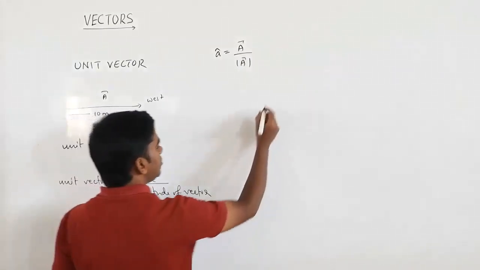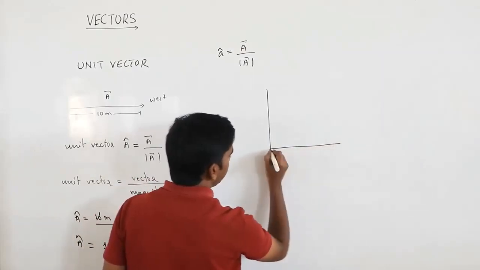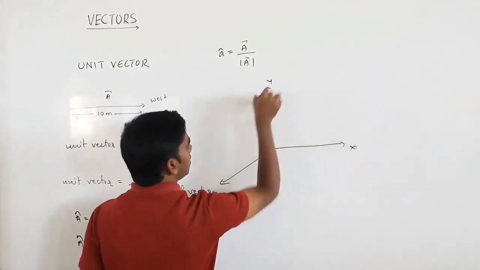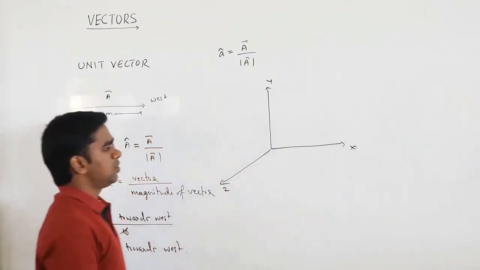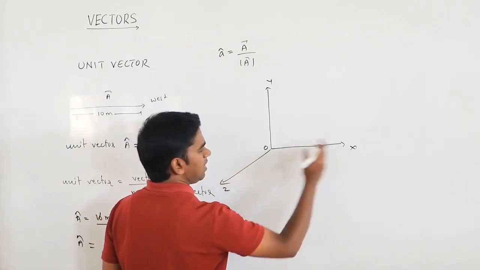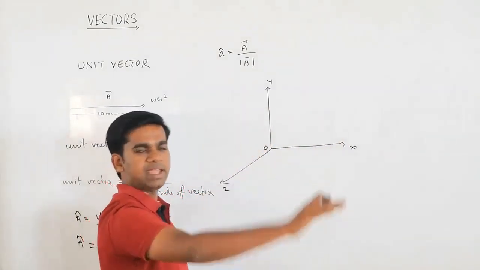Okay, so as you know, if you take the coordinates x, y, z, this is the origin. So you can take anything here, velocity, or a distance, or a displacement, or a time, whatever.